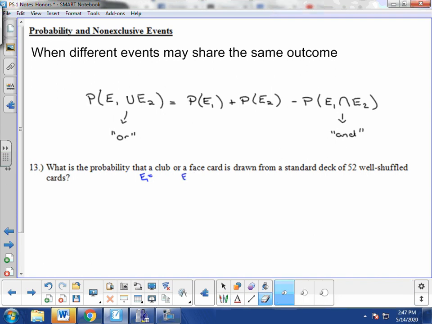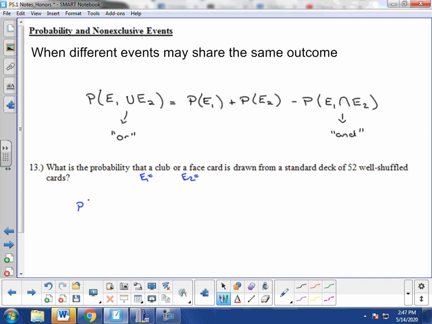The reason that we call these non-exclusive events is because there are some cards that are both clubs and face cards. So this is when we have to use this formula. If there were no cards that were clubs and face cards both, these are what we call exclusive events, and we would not use this formula, which is kind of the example I gave before. But when you have overlapping events where they can be both a club and a face card, then we have to use this formula.